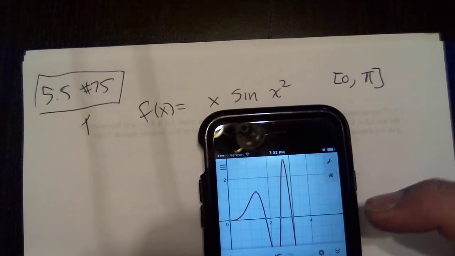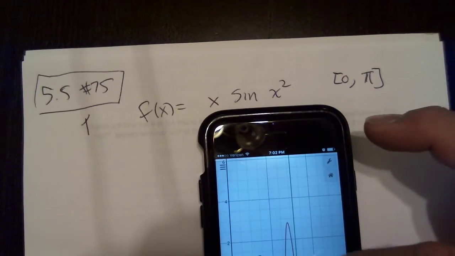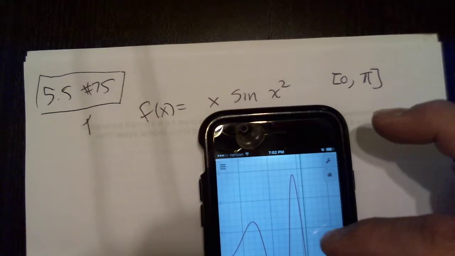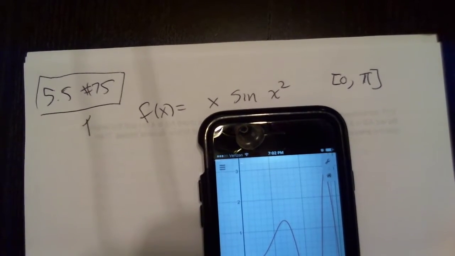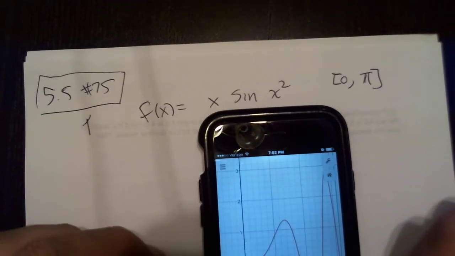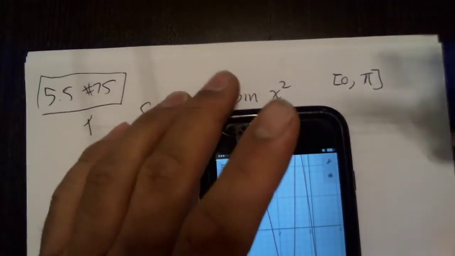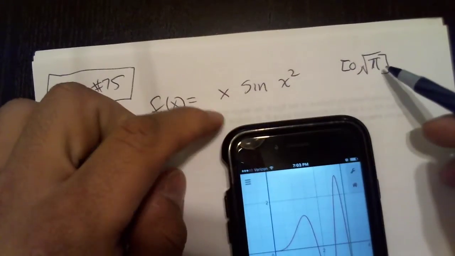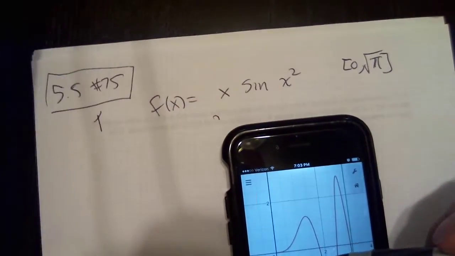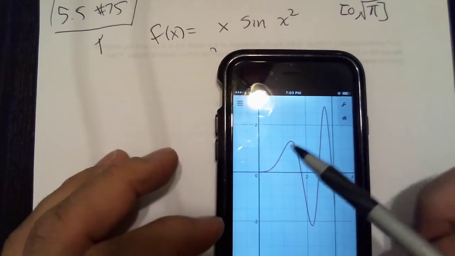Okay, so now, oh, square root of pi, excuse me. So that changes it. I was gonna say that this made it a much more challenging problem, but the square root of pi should clear things up a bit, because I think at square root of pi, I'm guessing it's this point right here, down here. But let me just make sure.